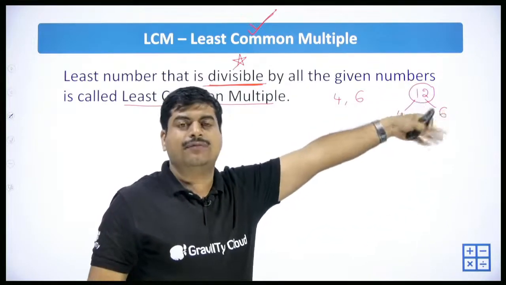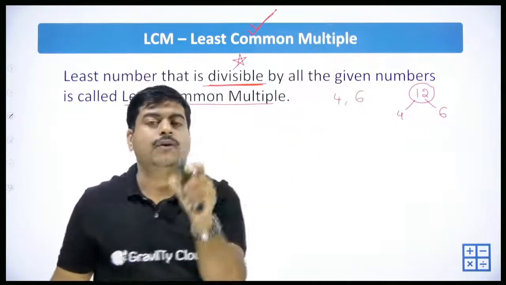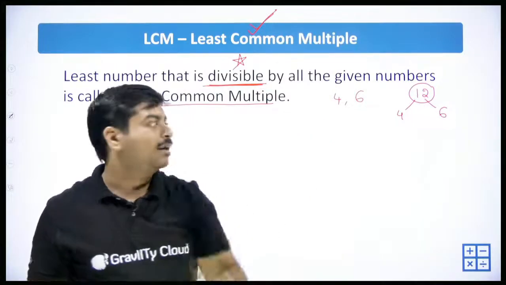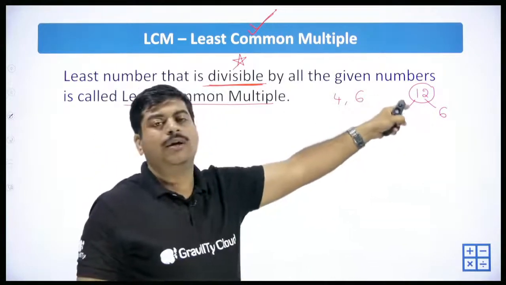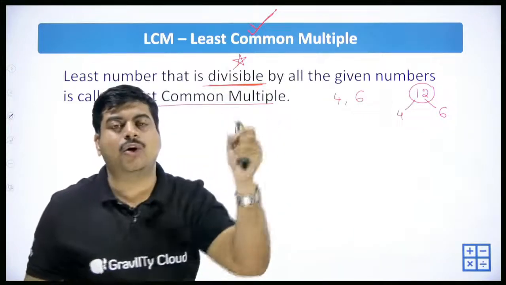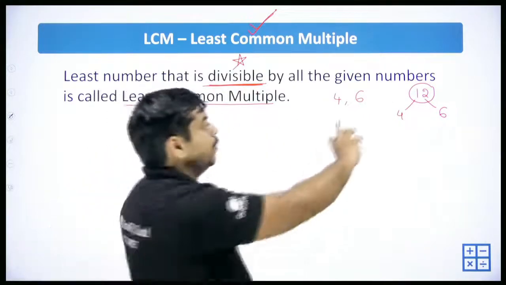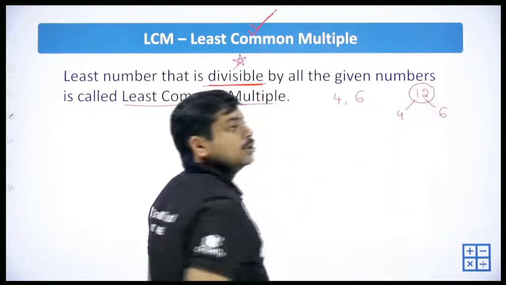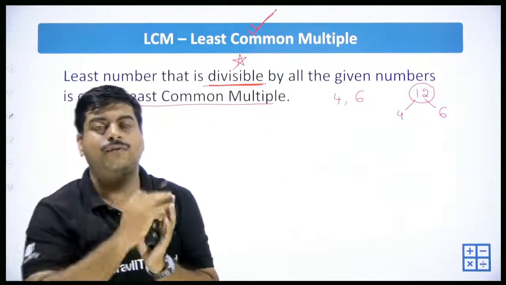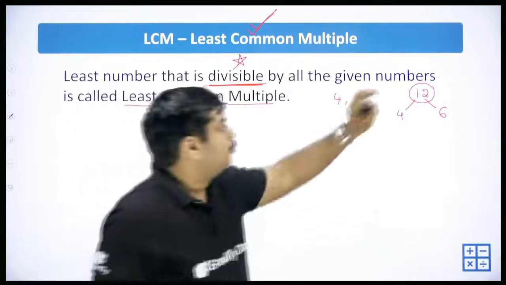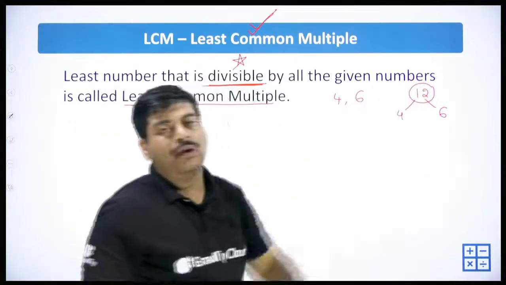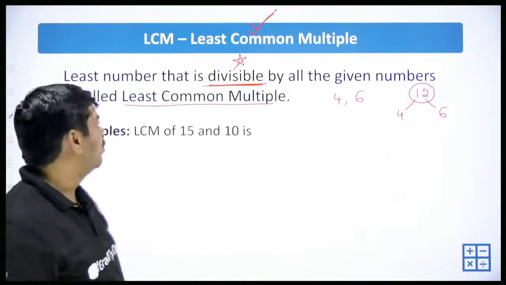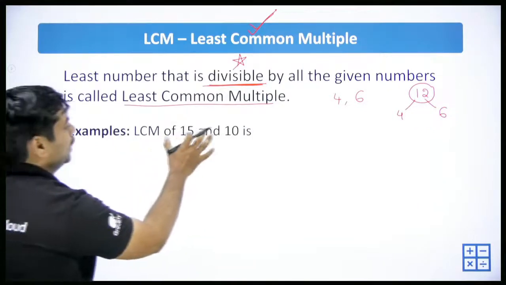Even 24 is there, 48 is there, but out of all these, the least number is 12, which is the least common multiple. 4 into 6 is 12, 6 into 4 is 12. So 12 is a multiple of 4 and 6. Okay, LCM of 15 and 10.